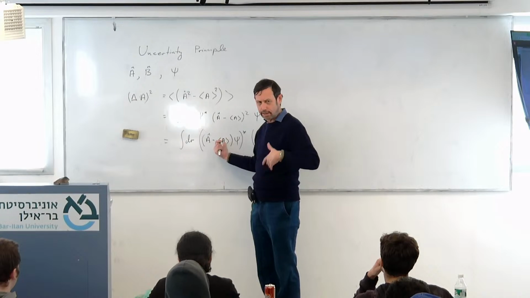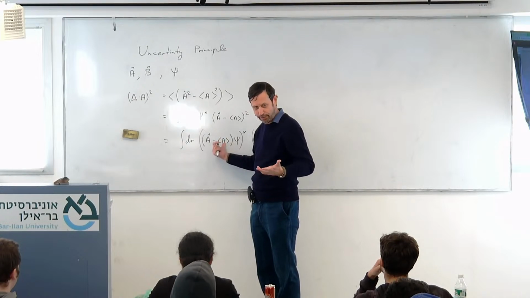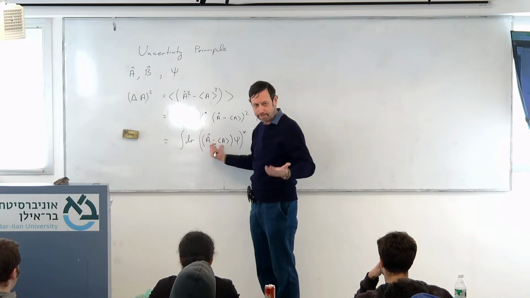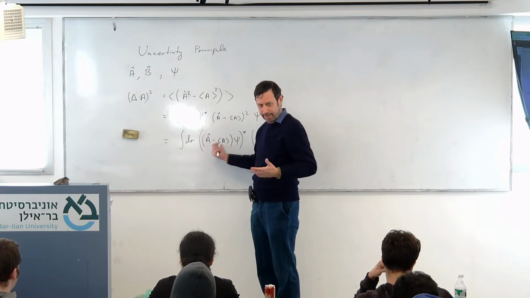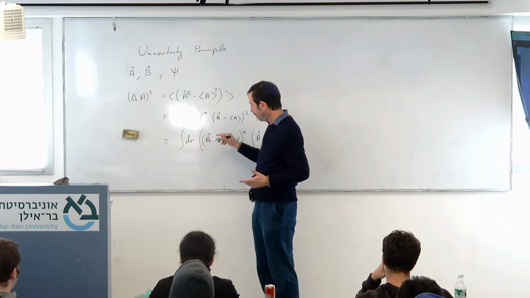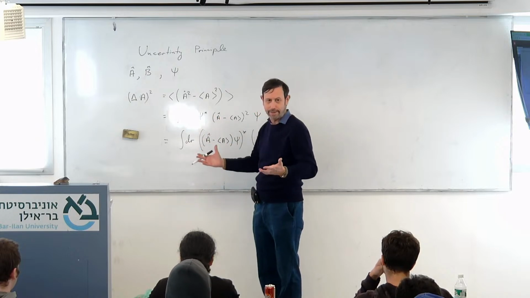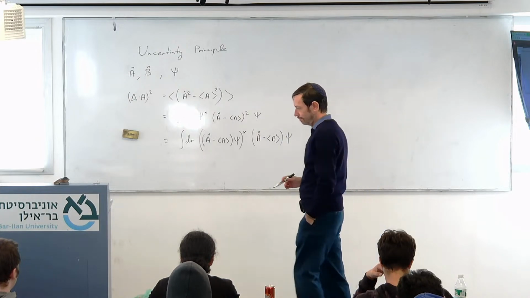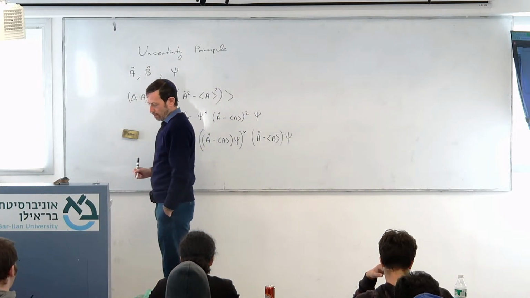For the scalar it doesn't make any difference, of course, and a physical measurement has to be real, so it doesn't matter at all. But here I should have written dagger, and I don't write dagger because it's Hermitian. Okay.